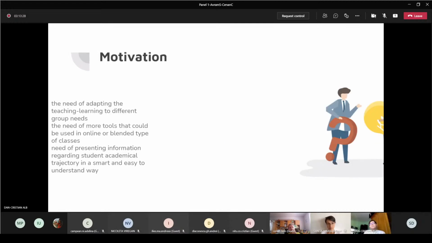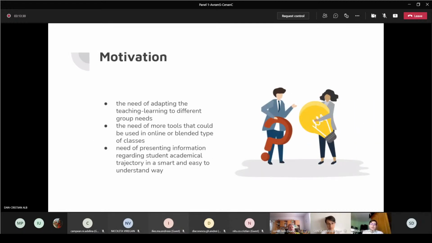So, motivation. Basically, the teaching learning process needs to adapt to different group needs, and as it is today, it kind of fails in many cases. I'm not saying that it's bad, but it could be improved.